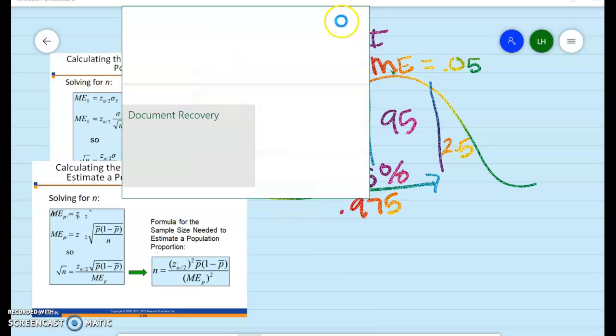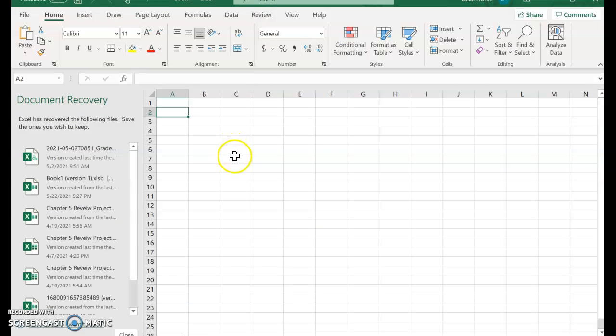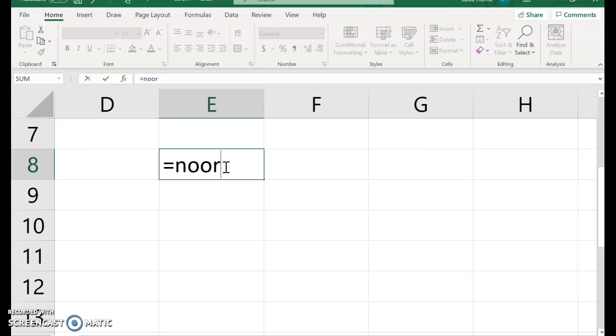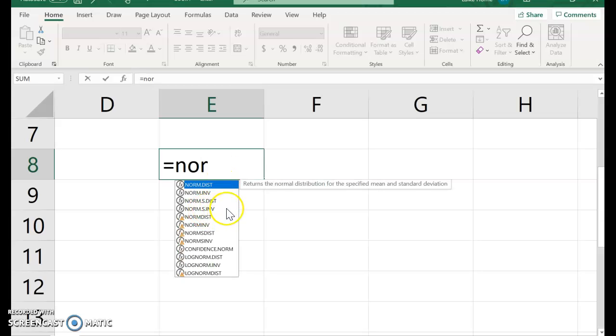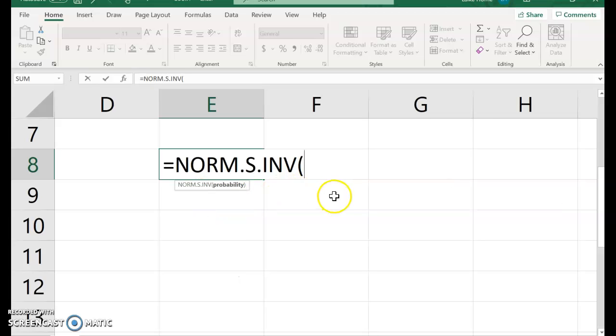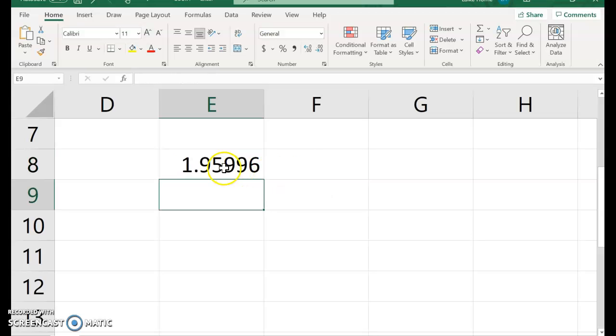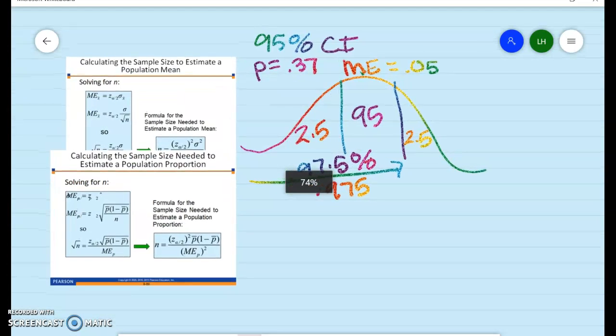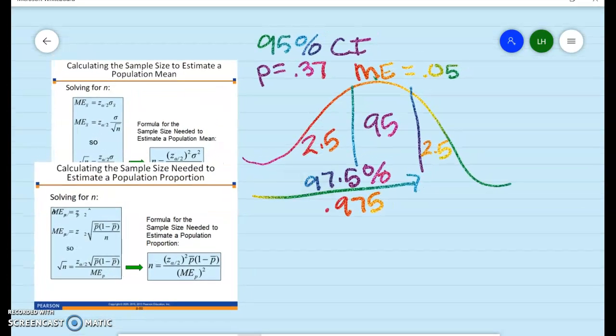So we're going to do equal norm dot inverse, and we want the one where all we have to do is put in the probability, norm dot s dot inverse, 0.975, and so your z value is 1.96. So we know that z is going to equal 1.96.